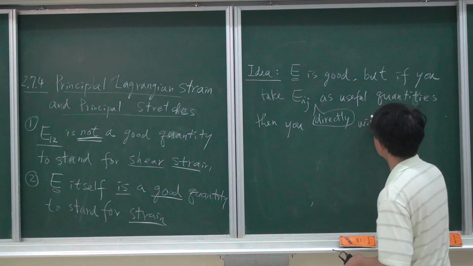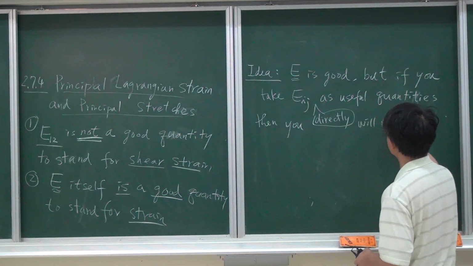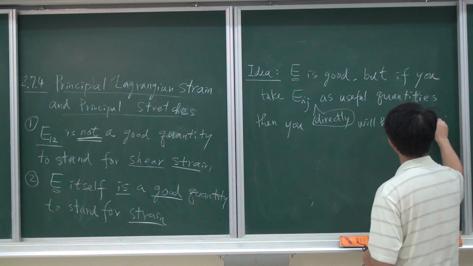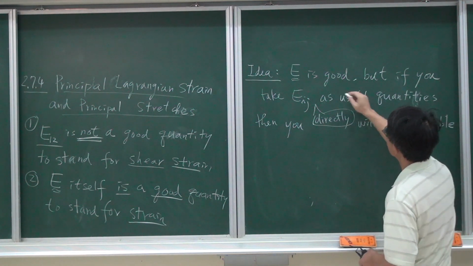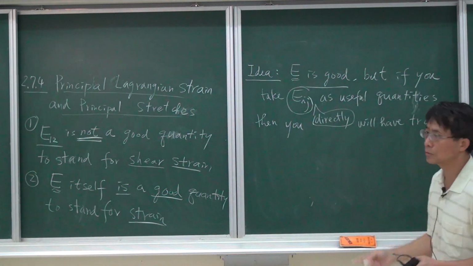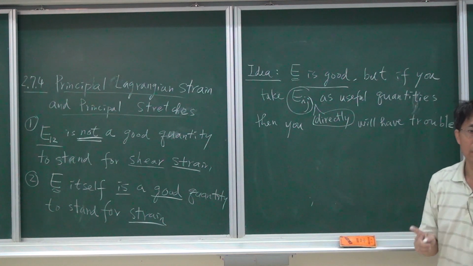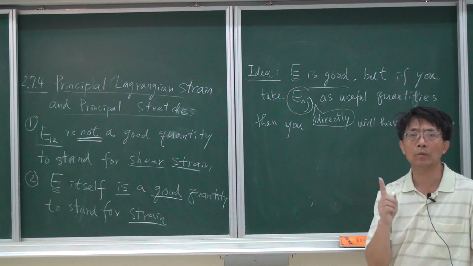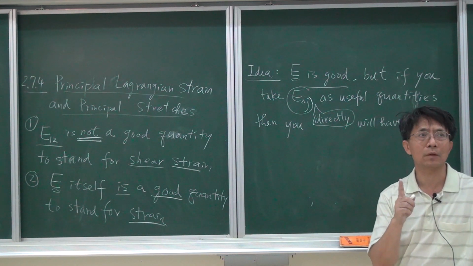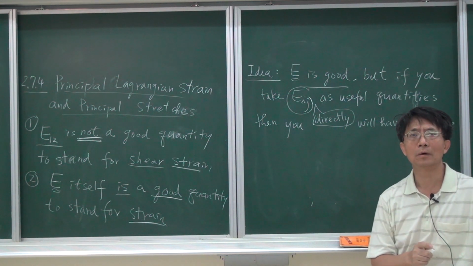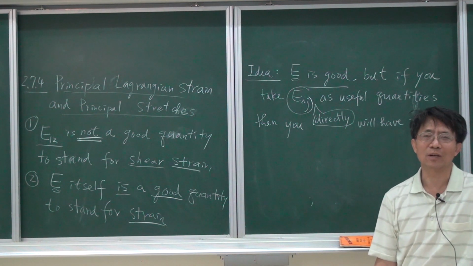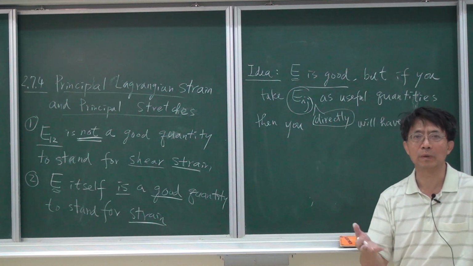You will have trouble. E itself is good, but if you take this directly as the useful quantity, then you will have trouble. What do you mean? It means that we should take the eigenvalues of E instead of the components of E as the quantities to represent deformations.